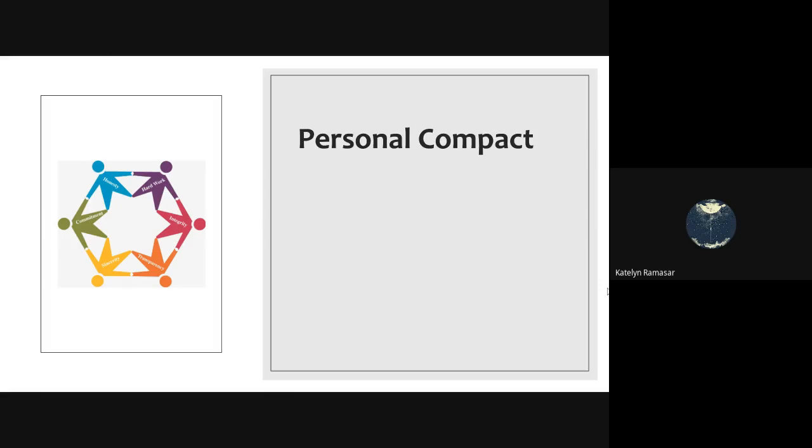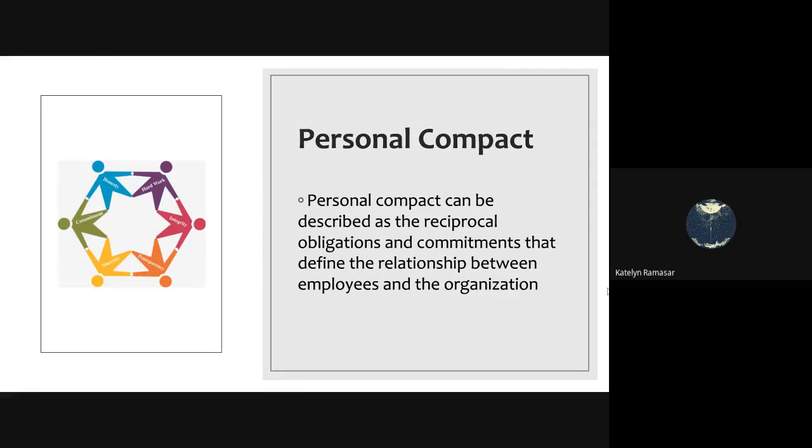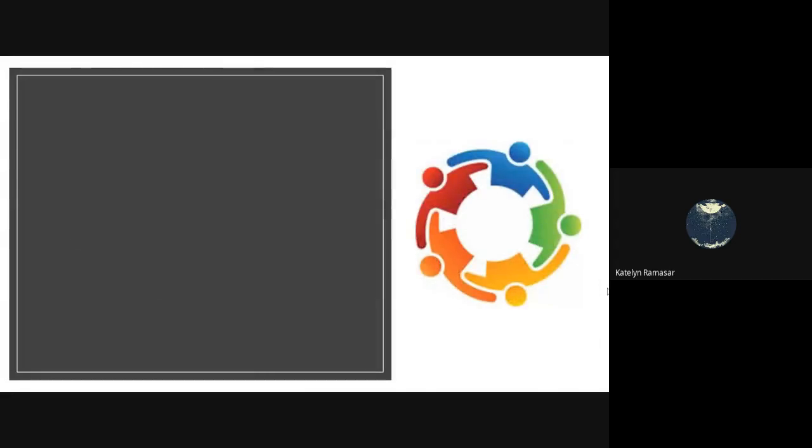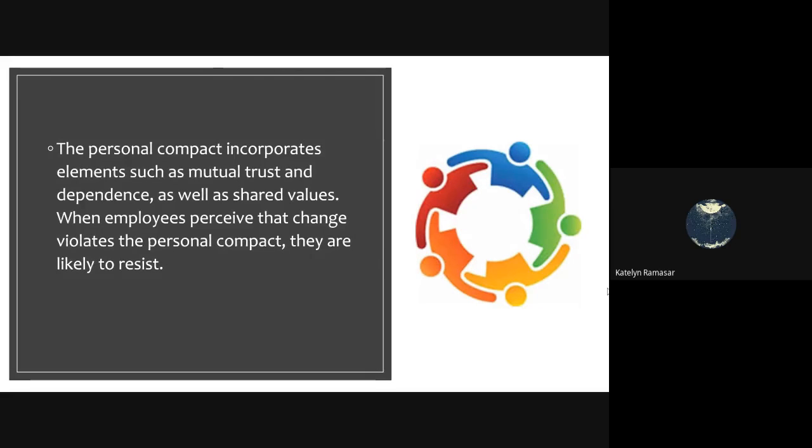Personal compact can be described as the reciprocal obligations and commitments that define the relationship between employees and the organization. The personal compact incorporates elements such as mutual trust and dependence, as well as shared values. When employees perceive that change violates the personal compact, they are likely to resist.